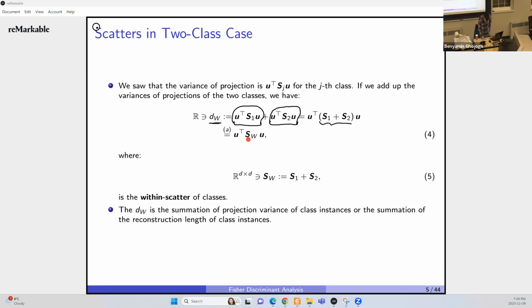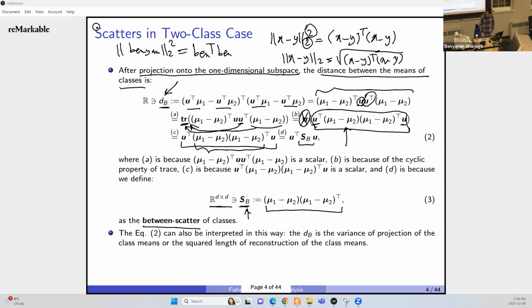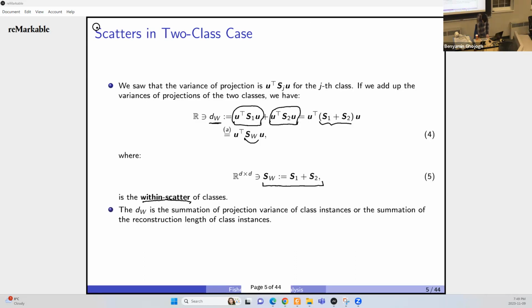S1 plus S2, I define it as SW. So SW is the summation of within scatters before projection. Within scatter is also called intra-class scatter or intra-class variance. Between scatter is also called inter-class variance.